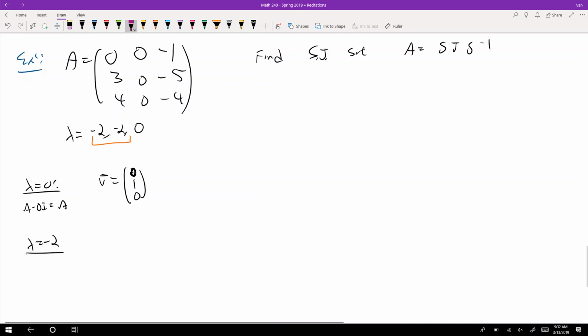Now, lambda equals negative 2. Here's where we note that this has algebraic multiplicity equal to 2, since it's repeated twice. Now we look at A plus 2I, which is 2, 0, negative 1, 3, 2, negative 5, and 4, 0, negative 2. What's the rank of this matrix?